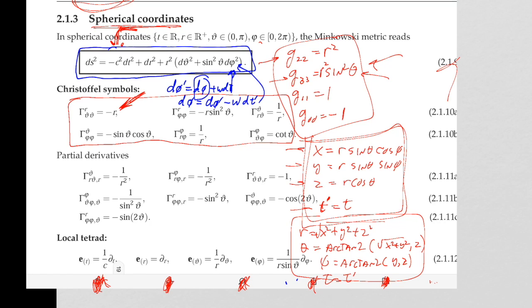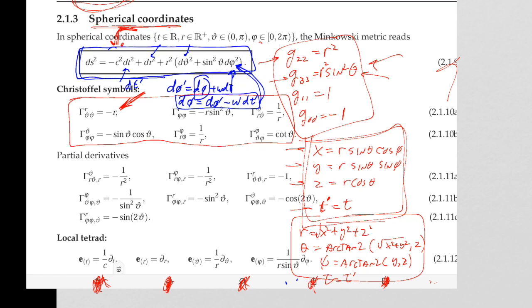And so I can now take this and just transform it straight out, meaning I make this substitution for d phi, and for dt, I just make the substitution dt prime. Same with dr, just make that dr prime, and same with d theta, make it d theta prime.